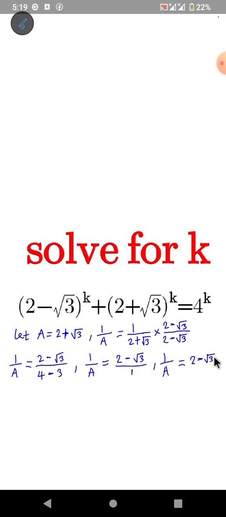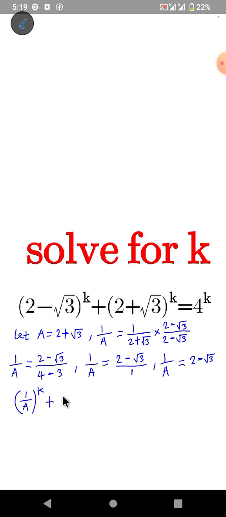So 2 minus root 3 is the same thing as 1 over a. Now I can write the whole equation as 1 over a all raised to the power of k, plus 2 plus root 3. I will say 2 plus root 3 is a.